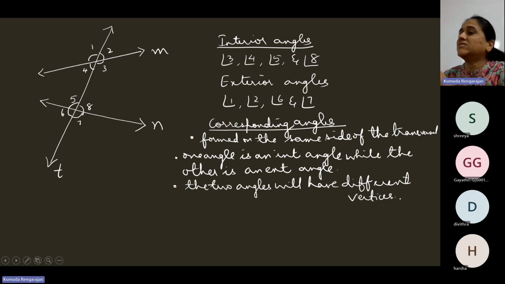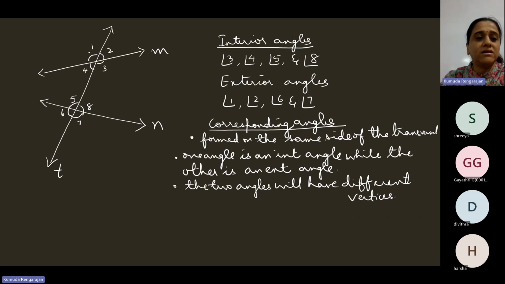A pair of angles are called corresponding angles if they are formed on the same side of the transversal, one being an interior angle, the other being an exterior angle, and the two angles will not have the same vertex. They'll have different vertices.